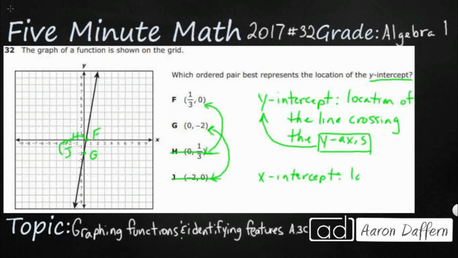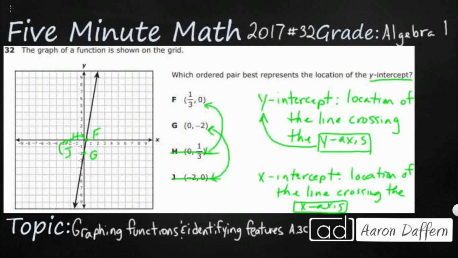And you can probably deduce that if the y-intercept is the location of the line crossing the y-axis, then the x-intercept is going to be the location of the line where it crosses the x-axis.